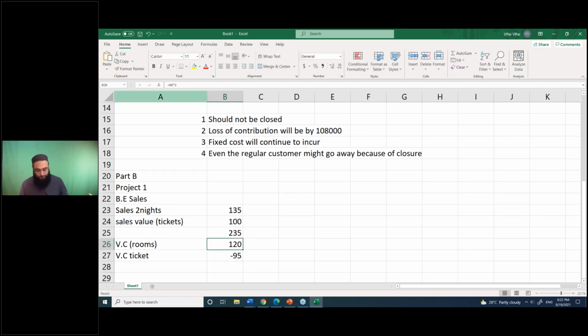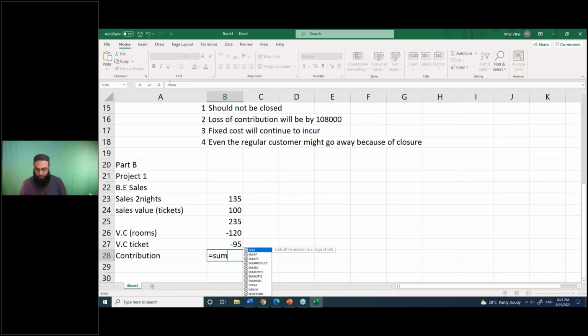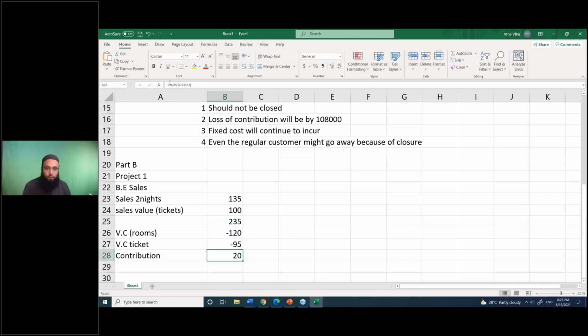Now you can work out the contribution. 235 minus 120 minus 95 is 20, the contribution you are getting per pair who is coming for this deal.